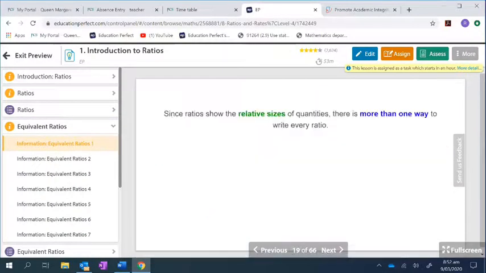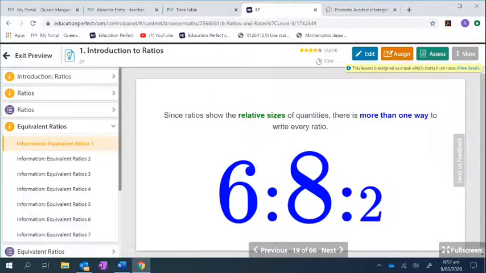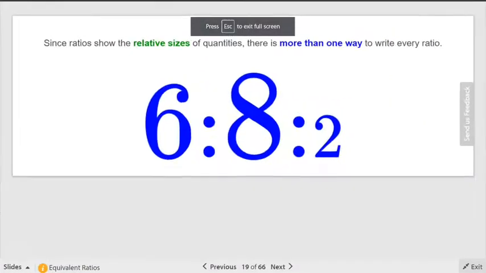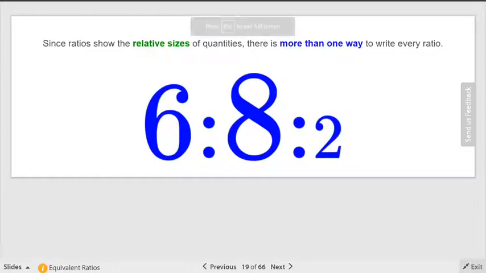Let's go here to equivalent ratios. All right. Now, since ratios show the relative sizes of quantities, there's more than one way to write every ratio. Now, this is a little odd because if it says more than one way, then that seems like you need to write it in a different format, right?